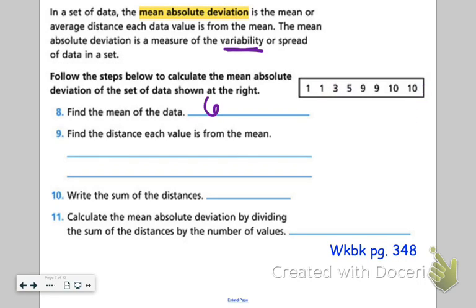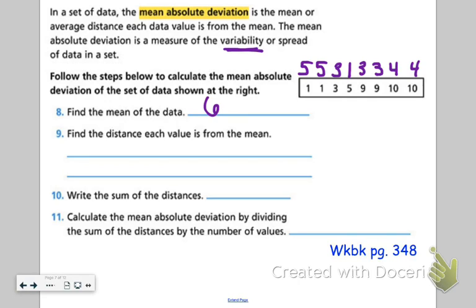is we are going to find the distance each value is from the mean. So you can list them out on the lines. You can write them up above if you want. Like, for example, 1 is 5 spaces away, 5 spaces away, 3 spaces away, 1 space away, 3 spaces away for the 9s. The 10s are 4 spaces away.